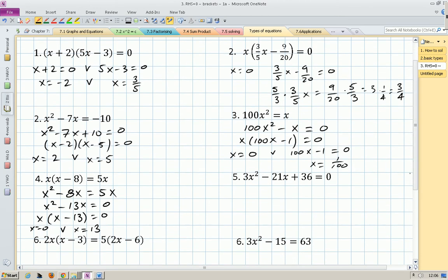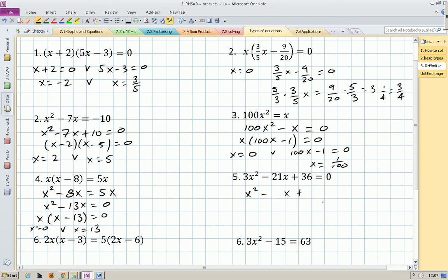Remember that this is just the balance method with any equation. If you do something on the left-hand side, do it to the entire left-hand side and also to the entire right-hand side. In other words, don't do this, because that would simply just be wrong, because you're only dividing this first term by 3.